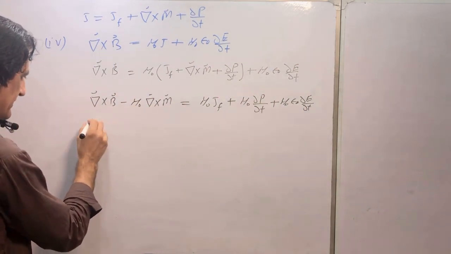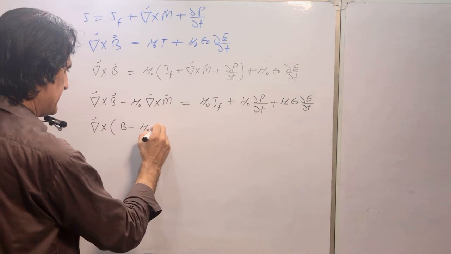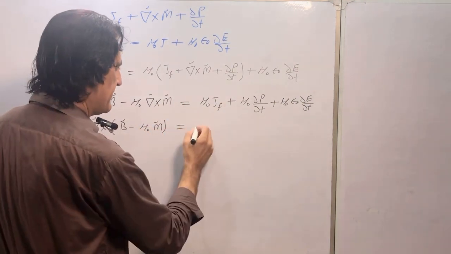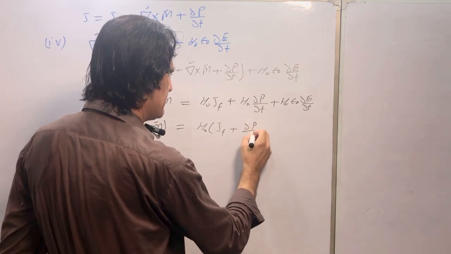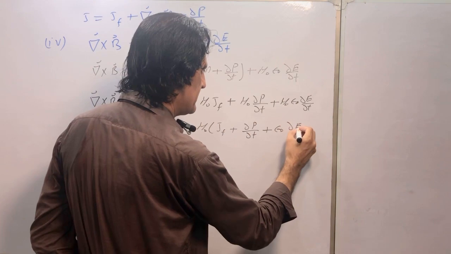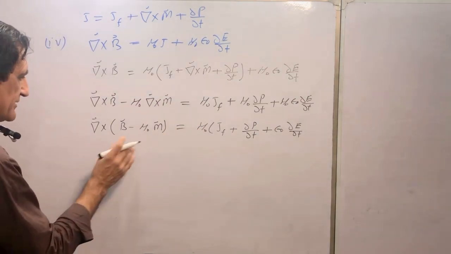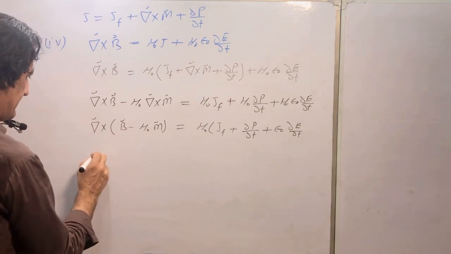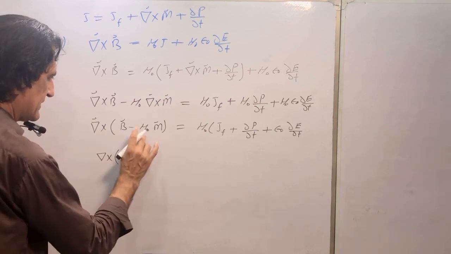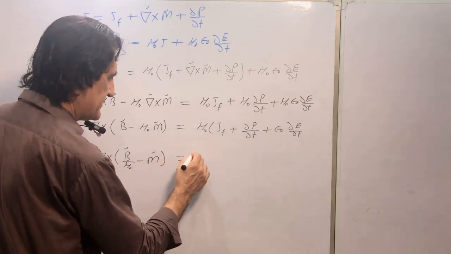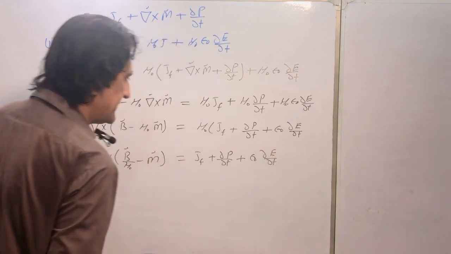This left hand side I can also write like del cross B minus mu naught M, and on the right, mu naught is common, so JF plus partial P divided by partial T plus epsilon naught partial E divided by partial T. If I move this term to the left side, it goes to the denominator, and this cancels out.